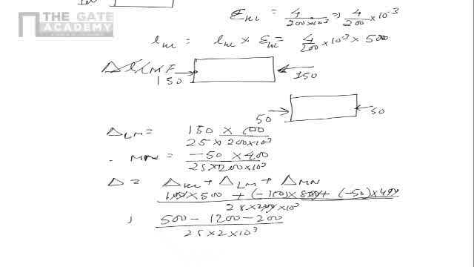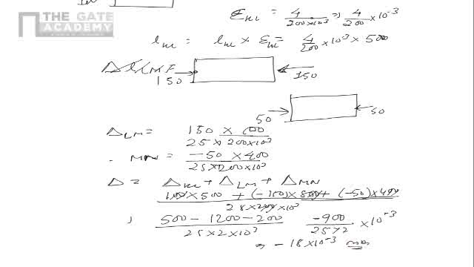So that is equal to, now this is 12 to 14 minus 5 is 900, minus 900 rather, divided by 25 into 2 into 10 to the power minus 3. So this is 50, and I do this calculation, so this becomes 900 by 50 is 90 by 5 is 18. That's the change of length.